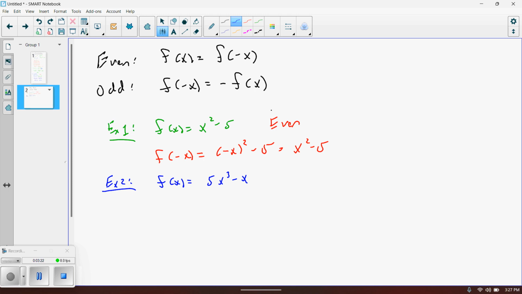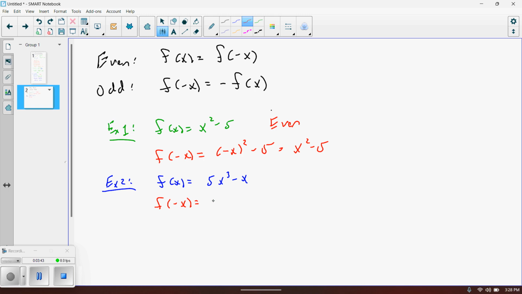Once again, the first thing that we should try is to determine whether this is an even function first. So we will do f of negative x. And the reason it's good to try even first is because if you're going to do odd, you're going to need f of negative x anyway. So you may as well determine whether it's even, because if it's even, then you're done. There's nothing else to do.